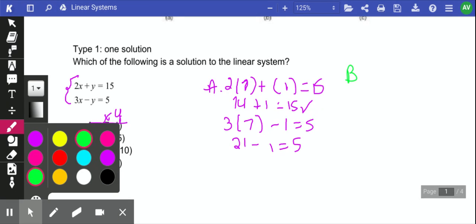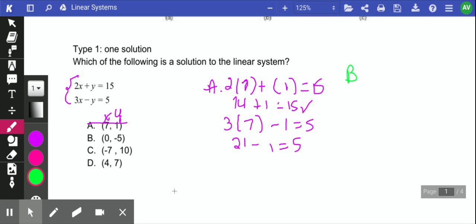Let's try choice B now. So for choice B, I have 2 times 0 plus negative 5 equals 15. So 2 times 0 is 0. 0 plus negative 5 is definitely not 15. So B is not the answer.